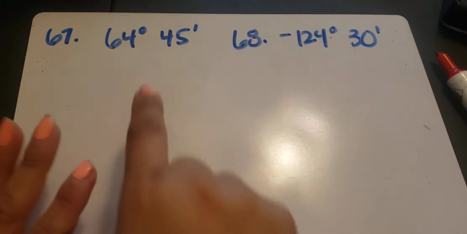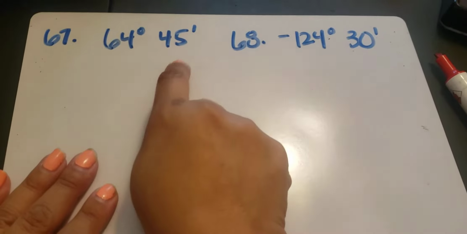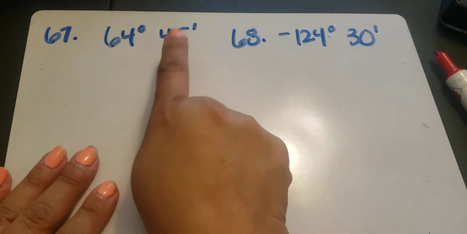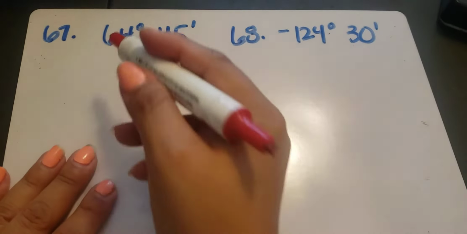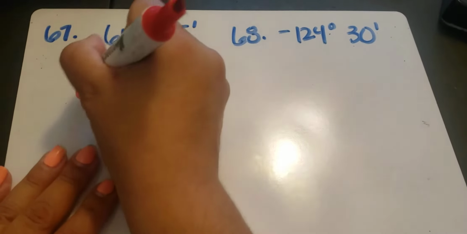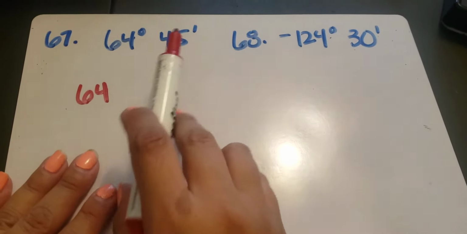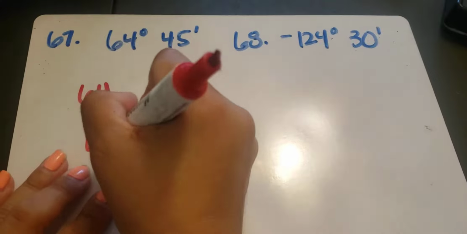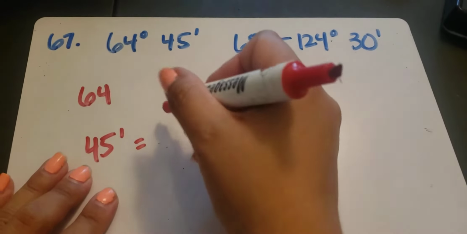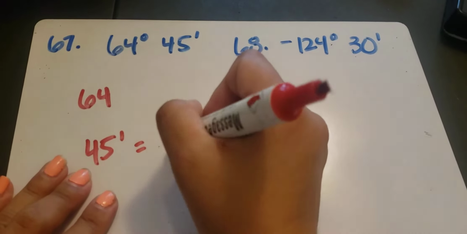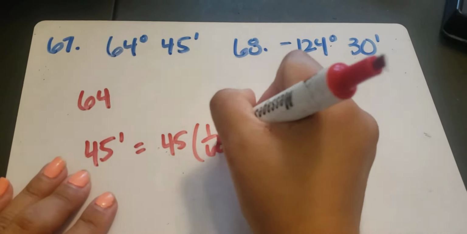So starting with the first one, we have 64 degrees and 45 prime. And remember the single prime, that is minutes. So 64 degrees and 45 minutes. Well, we know we're going to have 64 already. And 45 minutes, remember, that is basically the same as multiplying by 1/60th.